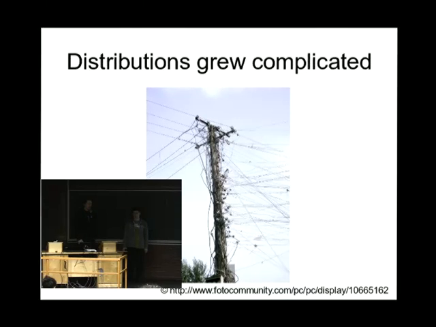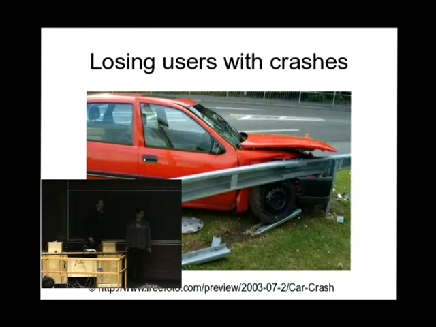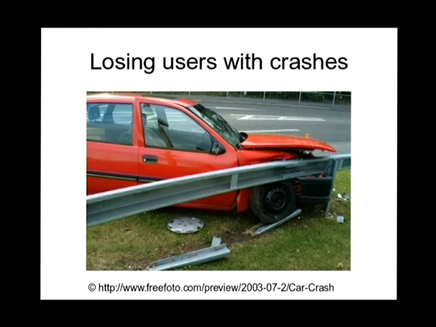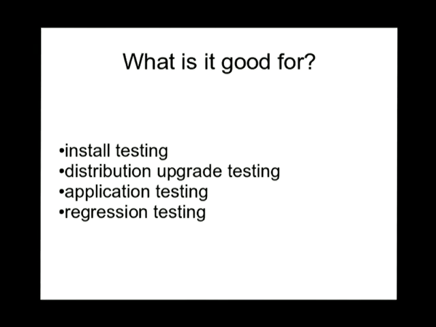And since our users could face crashes and get lost and change to other distributions which have fewer crashes, we want to avoid it, and we do this by automating the tests so that we catch the most obvious bugs in our software. And we can use it for quite a number of different cases.